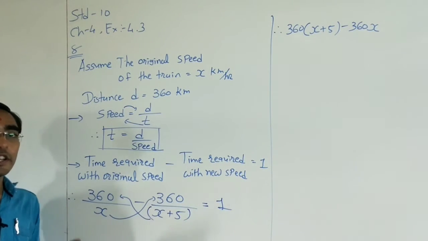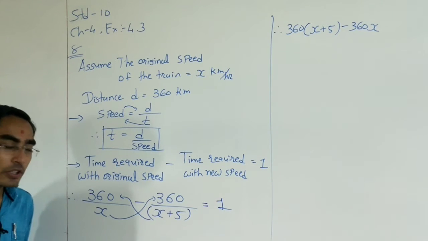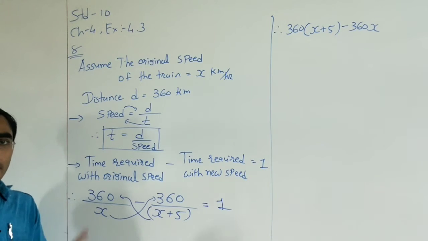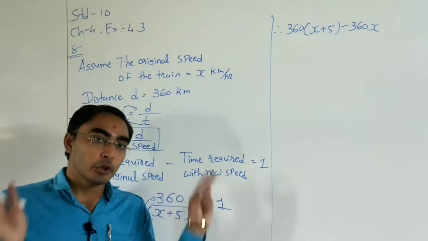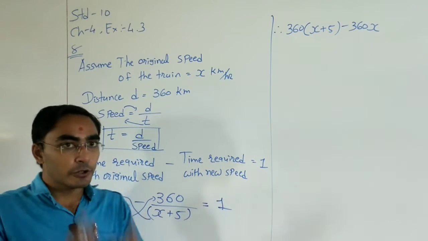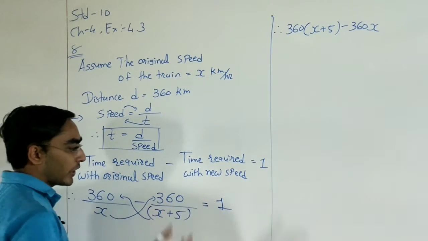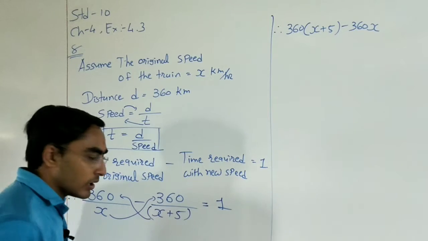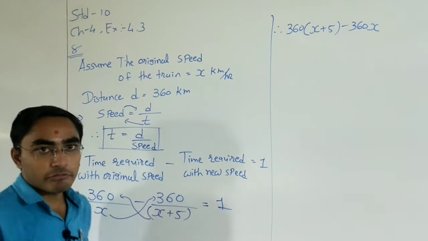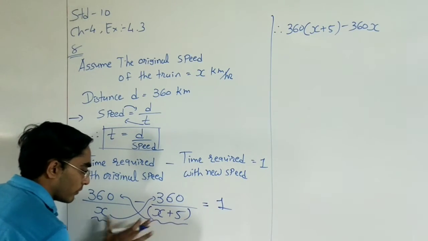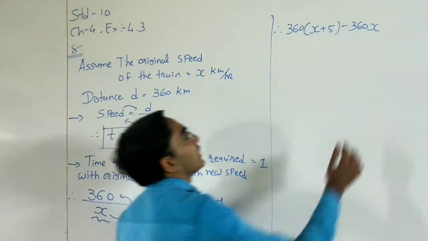Now we are taking LCM on both sides of the equality, so we do not need to write the denominator. Now for the right hand side we have 1, but in the denominator we have nothing, right? So both these things we need to transfer here.